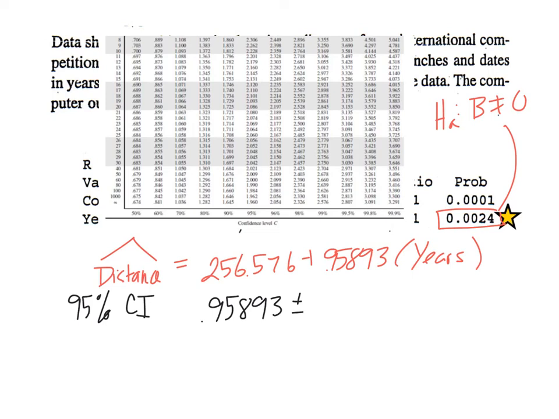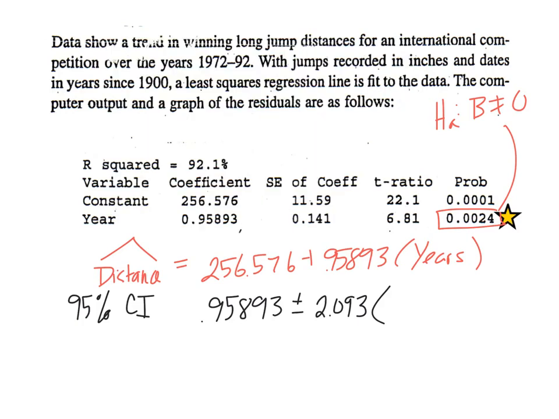Go to your t-chart, 95% and 19 degrees of freedom, so 2.093, and the standard error for the slope is given to you. It is 0.141. Okay, so that is the way this question is asked on the AP exam, where you're given the data and just need to understand how to use it.